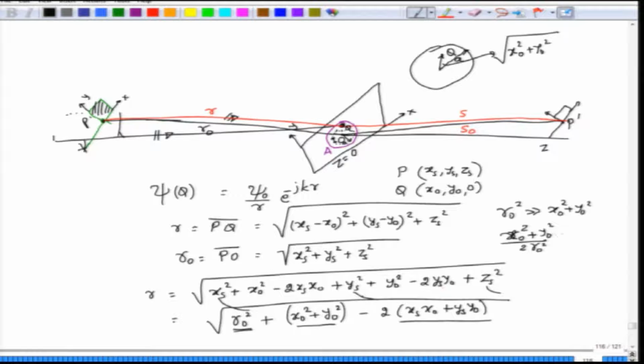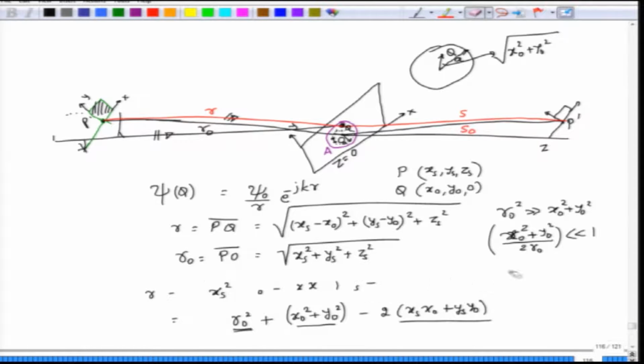This is neglected with respect to 1, because this is the one that is going to give us the phase. We neglected this after multiplying by r0, which was coming in from the other side, so we had to take out this r0 on both sides. This one was considered to be very small compared to 1.